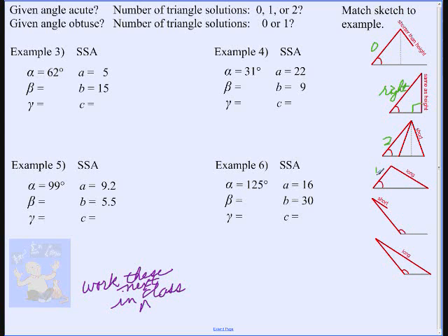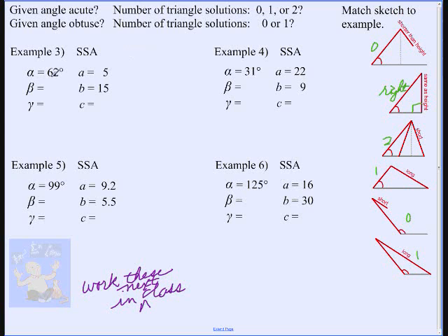In this case, we have one triangle. If we have an obtuse angle, and this side is shorter than the one adjacent to the angle, we have no triangle. If it is longer than the one adjacent to the angle, then we have one.